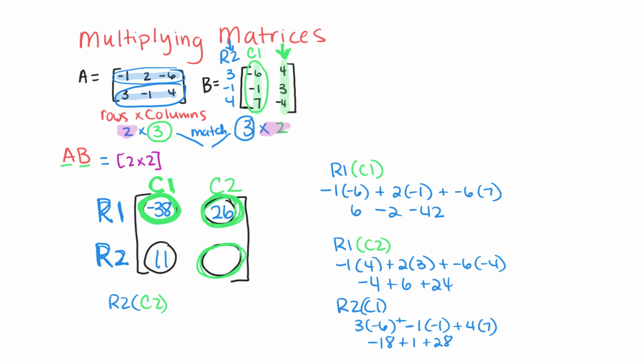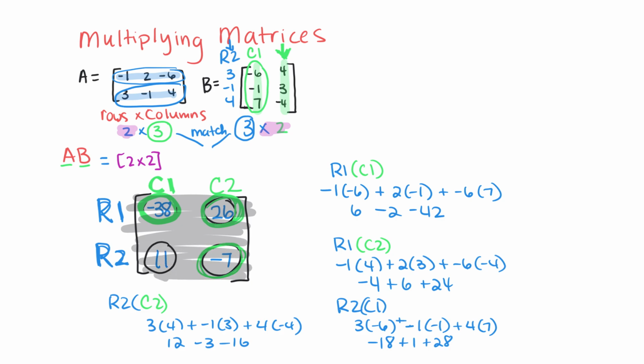So I'm going to multiply 3 times 4 plus -1 times 3 plus 4 times -4. So that's 12 minus 3 minus 16, and that would be -19 plus 12, so that would be -7. And that's what goes right here. And this matrix would be your final answer.